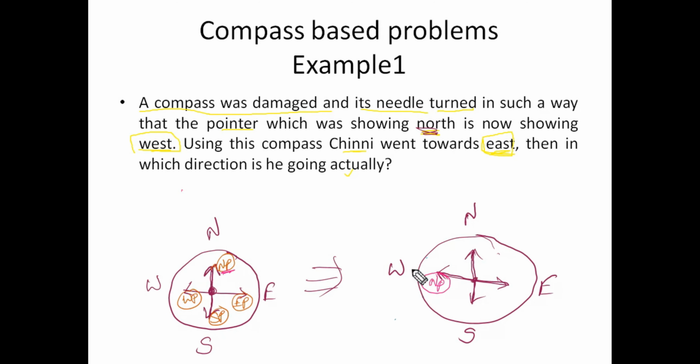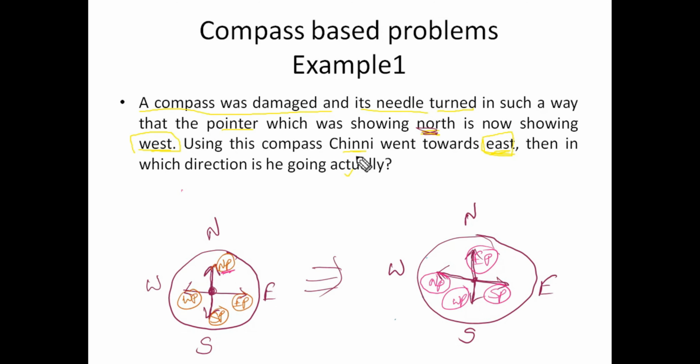Based on this north pointer, we can name the remaining pointer locations. Opposite to the north pointer is the south pointer. North pointer's right side is the east pointer, and its left side is the west pointer, or opposite to east is west pointer. So this is the damaged compass, and using this compass a man is moving towards east.